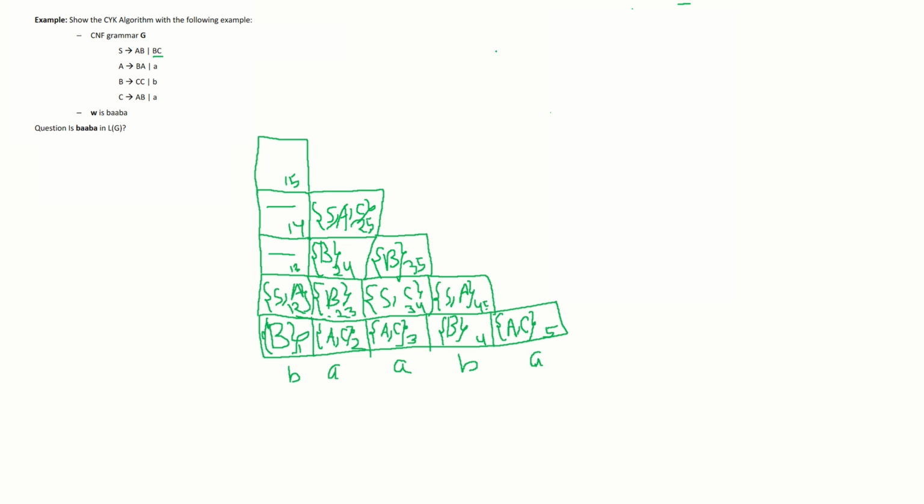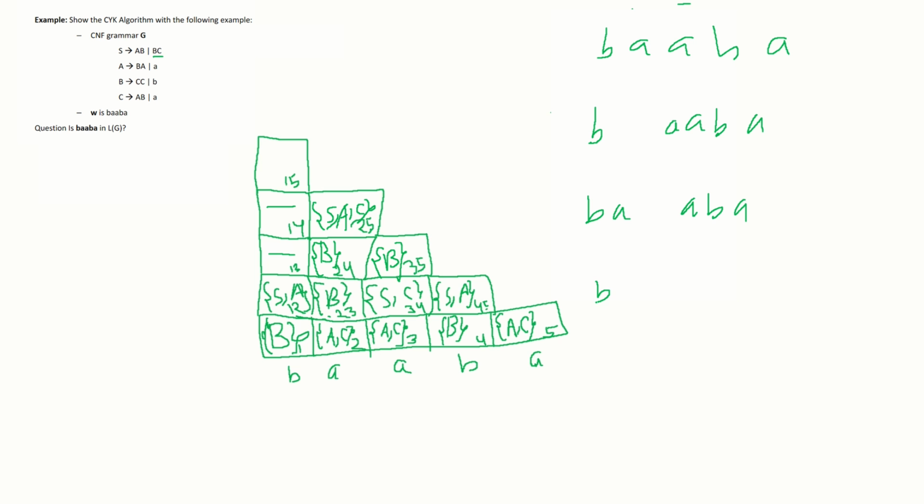So in the last cell, which is from position 1 to position 5, we have BAABA, which is our string that we are checking can be generated from this grammar or not. So we can break this as B and AABA. After that, we can also break it as BA and ABA.